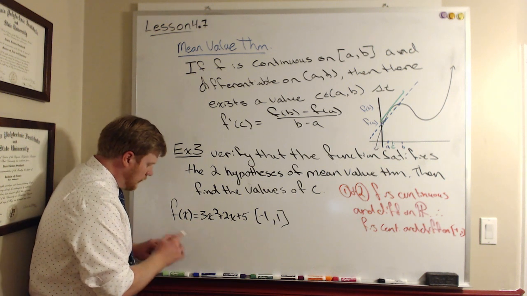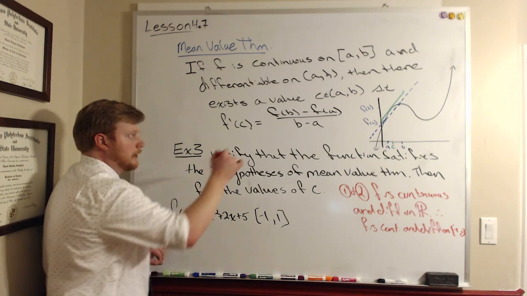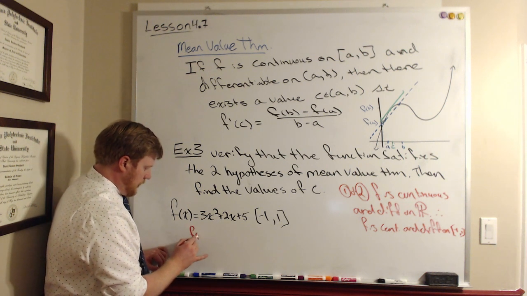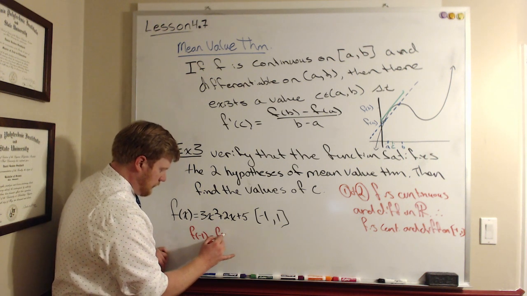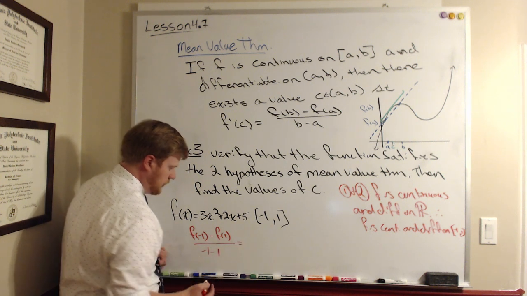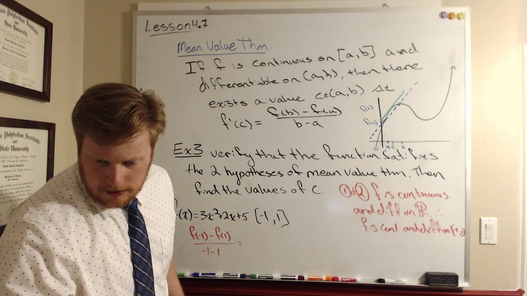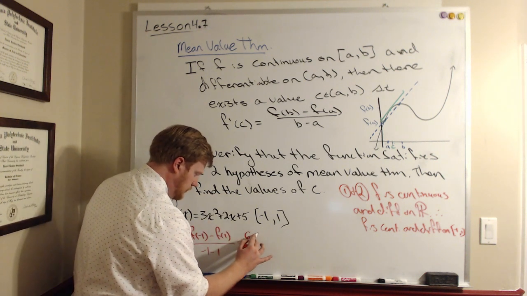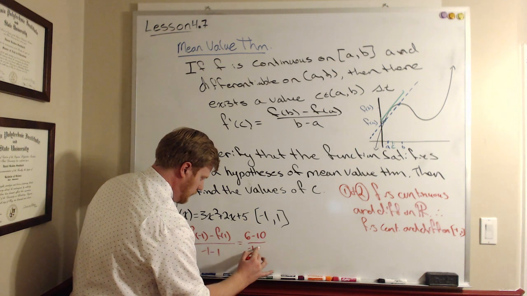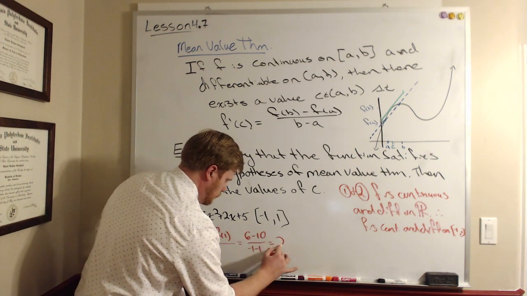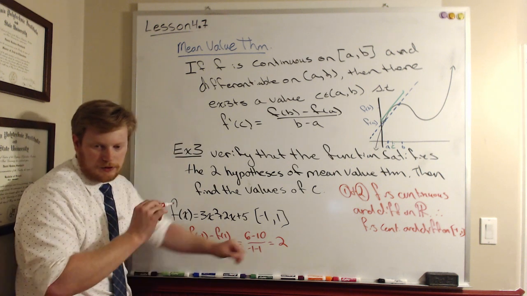Well, I want to first find the average rate of change. So we want f of 1 minus f of -1 divided by 1 minus -1, which is 6 minus 10 over -1 minus 1, which is positive 2.